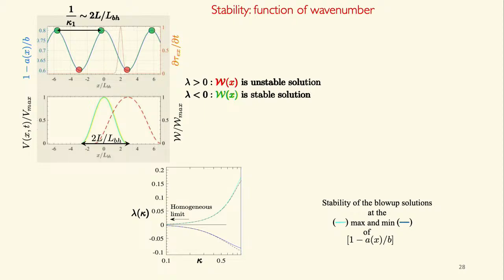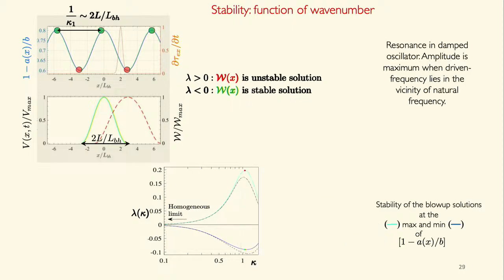Unstable in self-similar coordinates means they won't be attained by the evolving sliding rate. So as you change the wave number, this part becomes more and more stable. So we expect that this part will always be the preferable site for the instability, nucleating an earthquake.